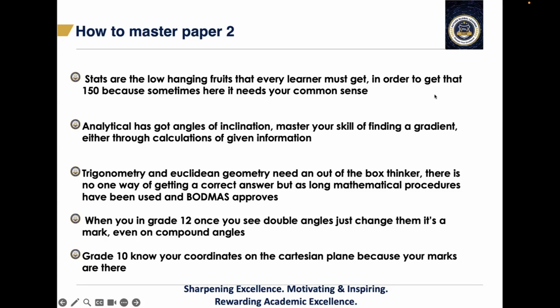Either there is going to be a line that is parallel to this line where you are to calculate the angle of inclination. The minute there is that information, you need to understand what is it that is happening when two lines are parallel? What are the gradients when two lines are perpendicular to each other?